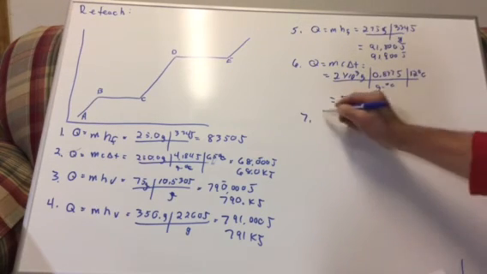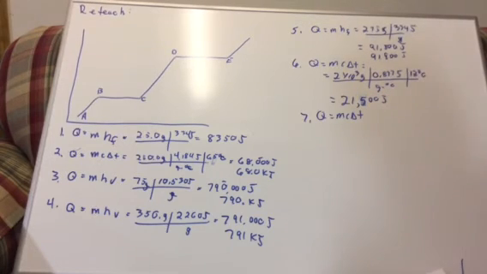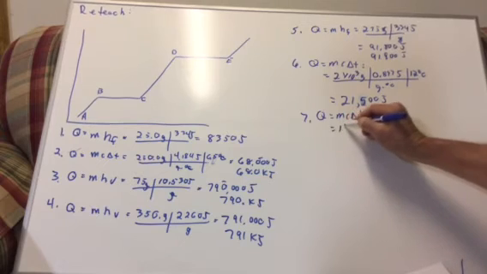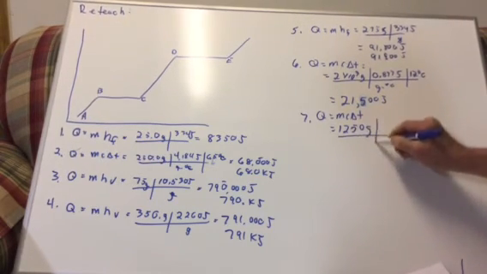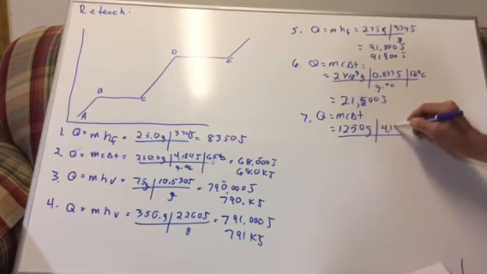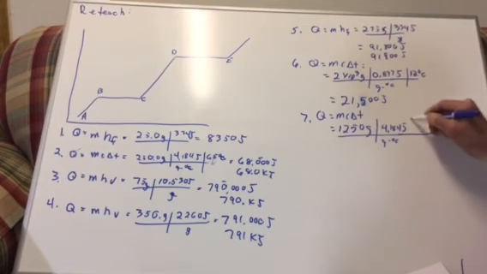For number 7, again, a Q equals mc delta T. We have a temperature change. That's why we use that. And so you have 1,250 grams. C is water, so 4.184 joules per gram degrees Celsius.